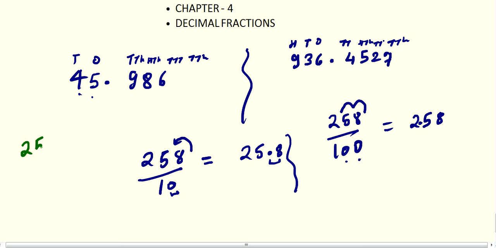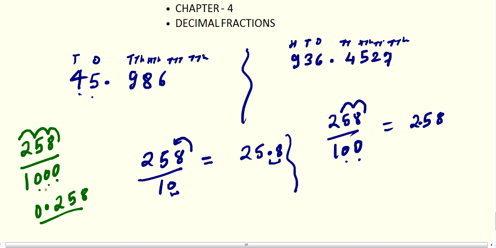Then 258 divided by 1000. First write 258. Now 1, 2, 3 zeros. So from here you have to start: first, second, third. So it will be 0.258. 3 zeros and 3 places after the decimal. You should check that you get the same number of zeros and places. So your answer is right. Suppose you have 125 upon 10,000.